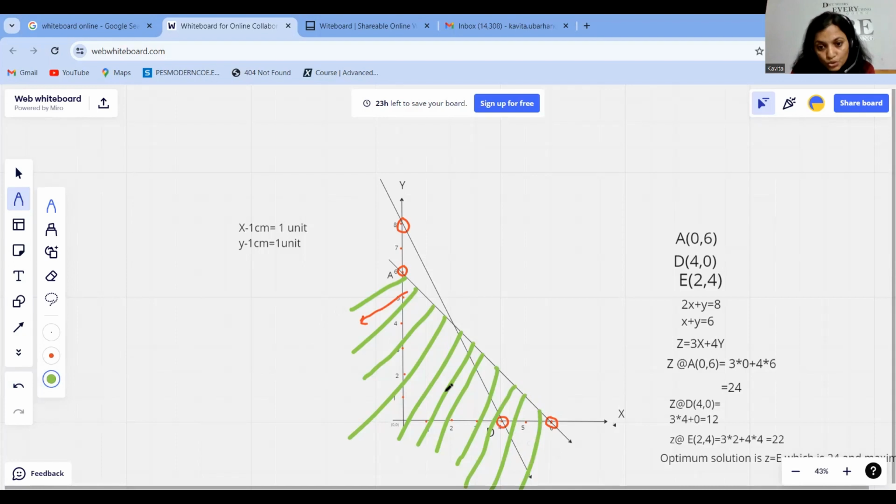Okay, so this portion will be in the feasible region.